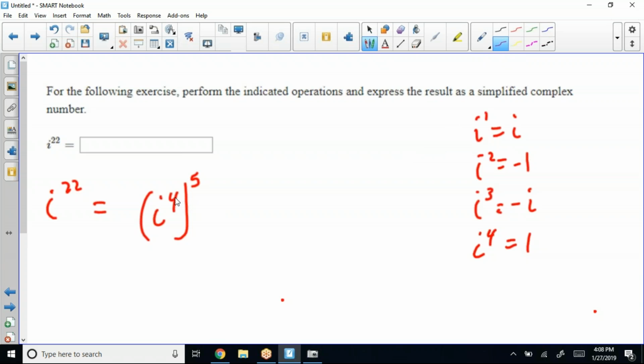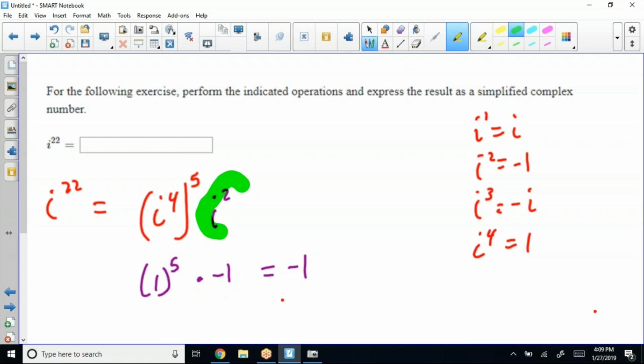So 4 times 5, power to power, property of exponents, will give me 20. So I have 2 left over, right? So this is really 1 raised to the 5th power, which is just 1, times i squared, which is -1. So your answer is -1. It's basically whatever this right here is what's going to be your answer, seeing as you've written it in powers of i to the fourth, which is just 1, right? So that's how you do those.